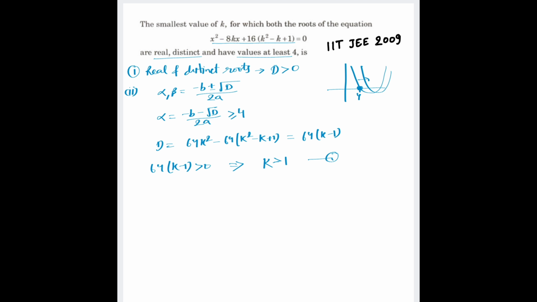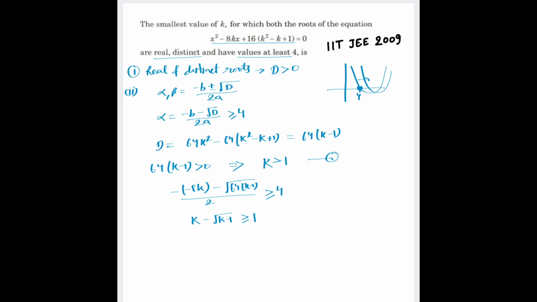And the second one says that minus b, which is minus of minus 8k, minus under root 64 (k minus 1), divided by 2, should be greater than or equal to 4. After simplification, we have k minus under root (k minus 1) greater than or equal to 1.